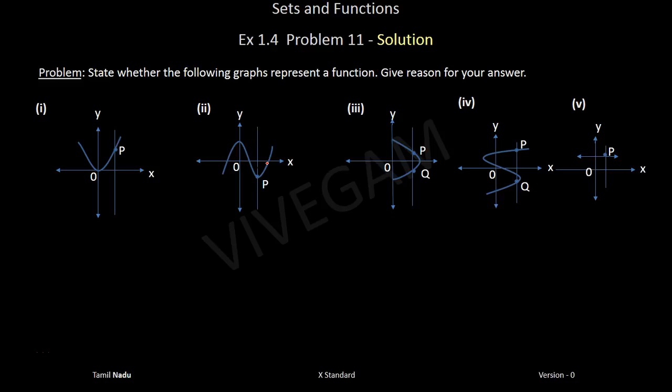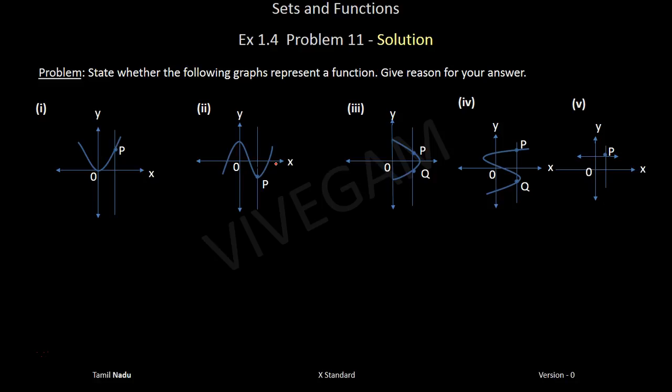So, the 5 graphs are here and y is a function of x, right? And what's our definition? In which case, for every value of x, there must be a distinct value of y. So, you cannot have two values of x giving you one value of y.